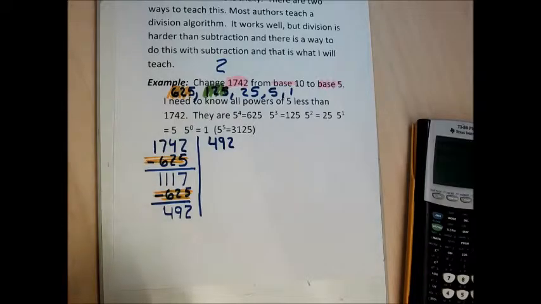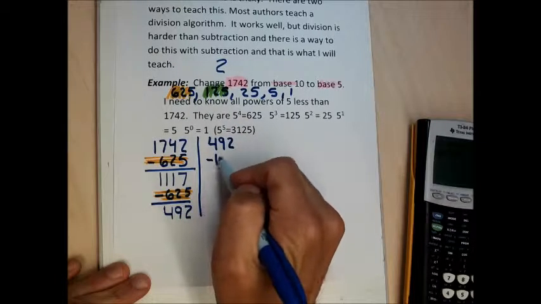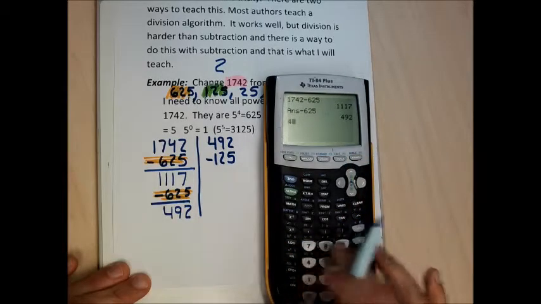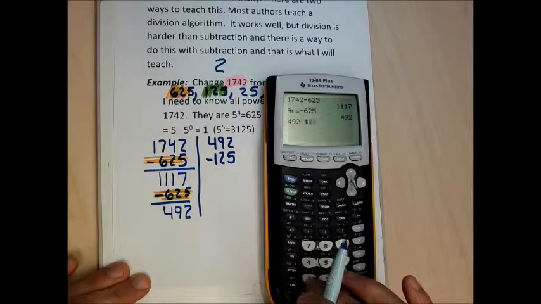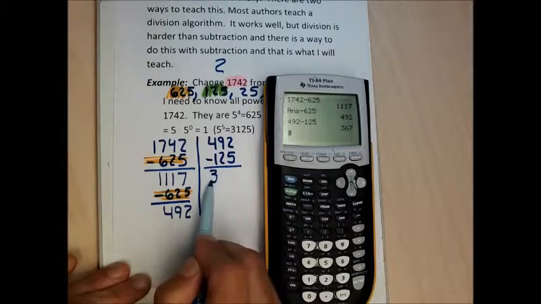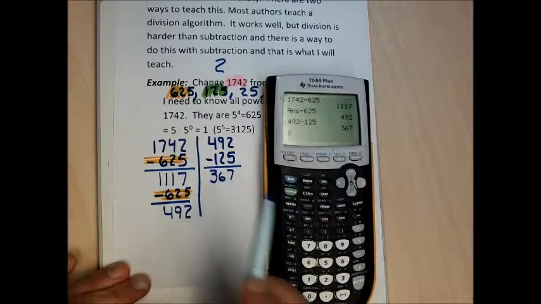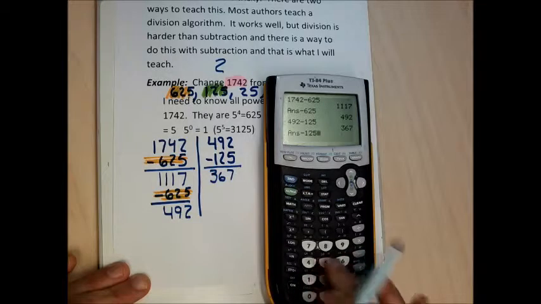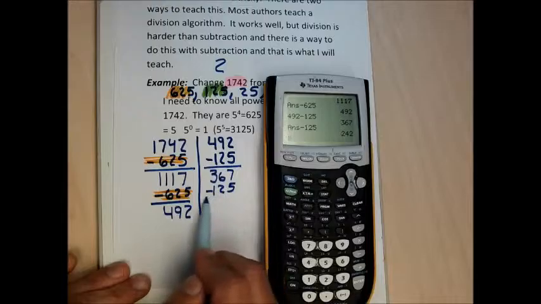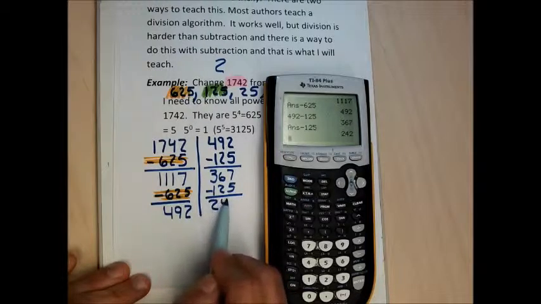In this 492, I'm going to start subtracting 125 until I get a number smaller than 125. So 492 minus 125 gives me 367. That's bigger than 125, so I subtract 125 again. 367 minus 125 is 242.